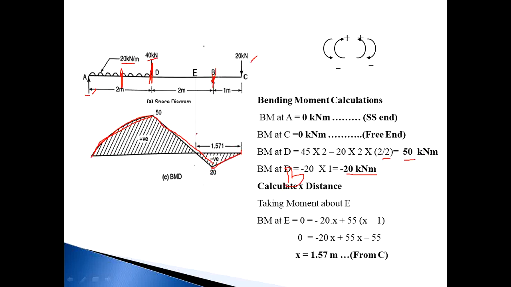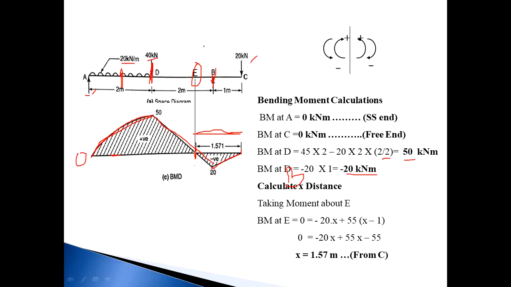Now this BMD diagram cuts the baseline at a point, and I mark this new point as E point. Baseline means above this baseline is positive value, below this baseline is negative value, so the baseline value is 0. I want to calculate this horizontal distance.